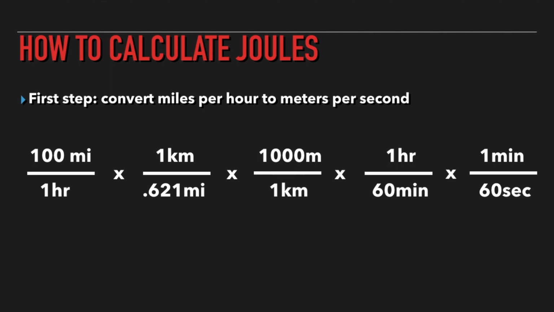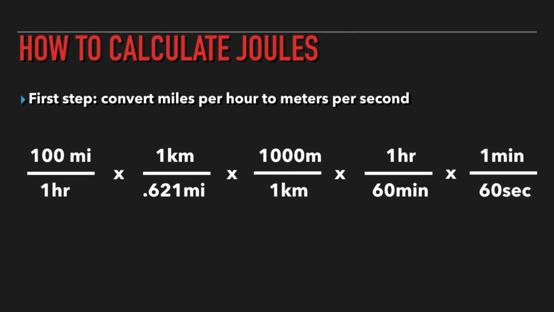Now, if we look at what we have here, if you go kitty corner, starting all the way on the left, our miles cancel out, then our kilometers cancel out. Notice our 1,000 meters does not transfer over to minutes, but that's okay. We can take hours on the top here, and cross that out with the hour we have under 100 miles on the far left.